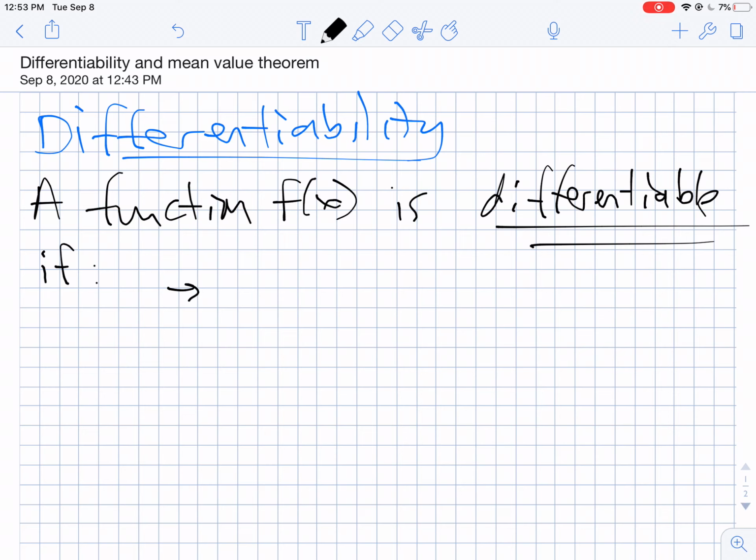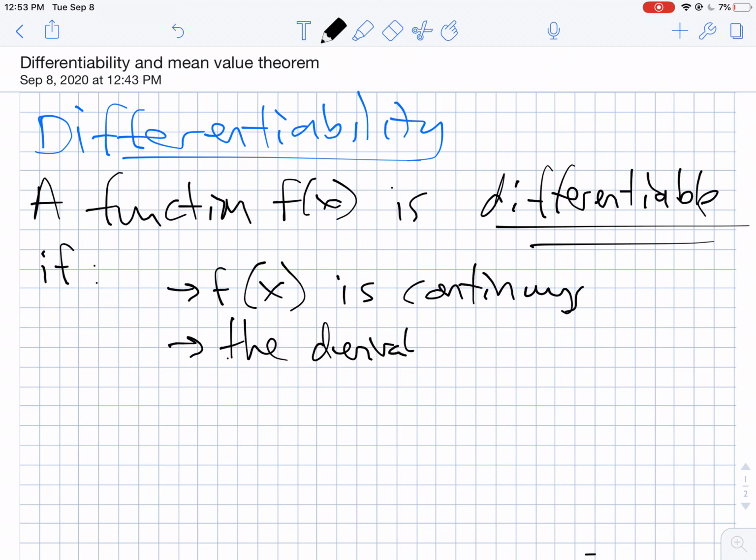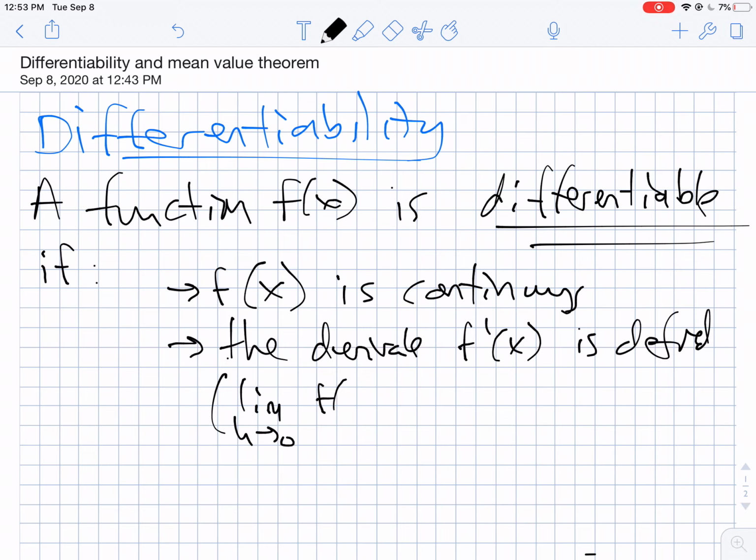One, f of x must be continuous, and then two, the derivative, as you'd expect from differentiate, the derivative f prime exists, is defined. And we could also think about that from the limit perspective: when you take that limit as h goes to 0 of this slope, that limit exists and is the same on both sides.